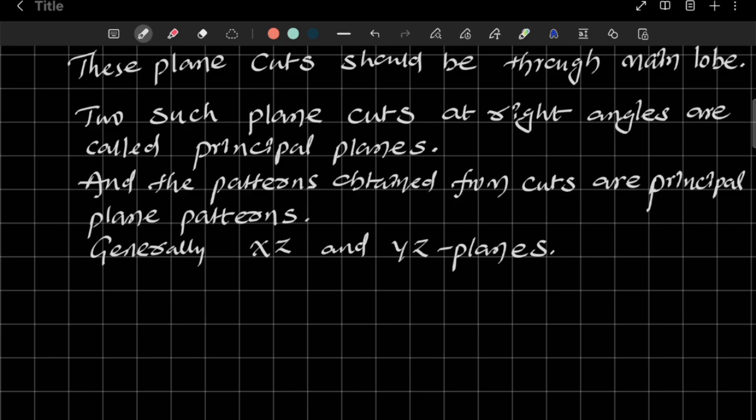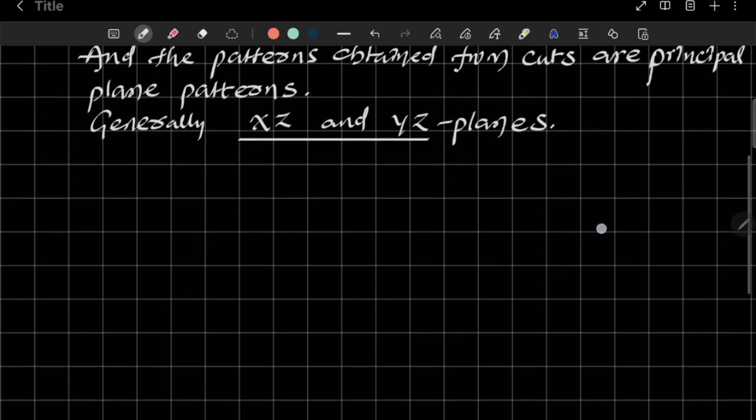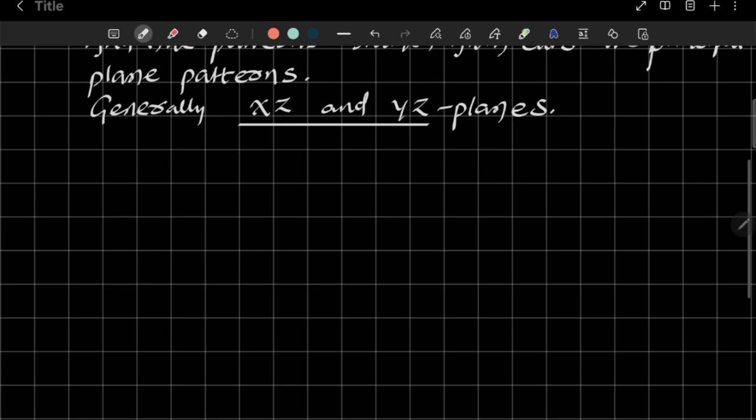In some cases, single field component is also enough. When it is possible, here two things I have told, XZ and YZ. But in some situations, single is also enough. When it is possible, in the sense, it should be similar in both ways.